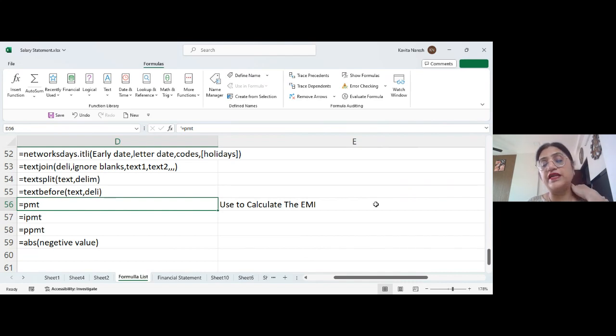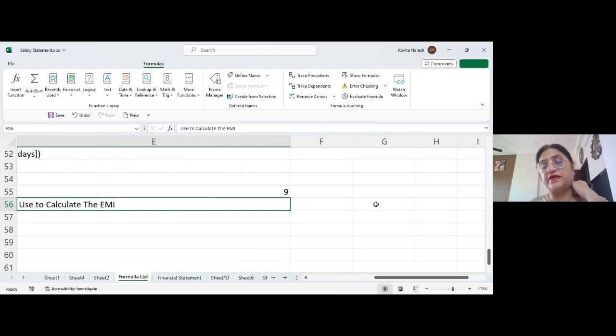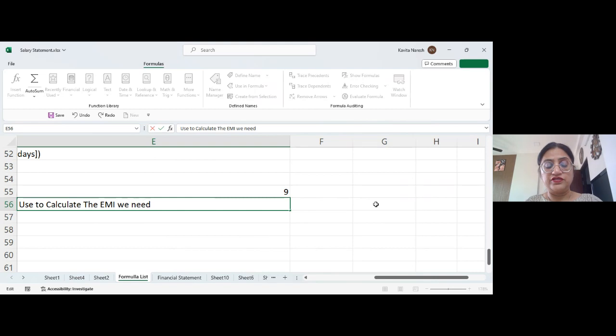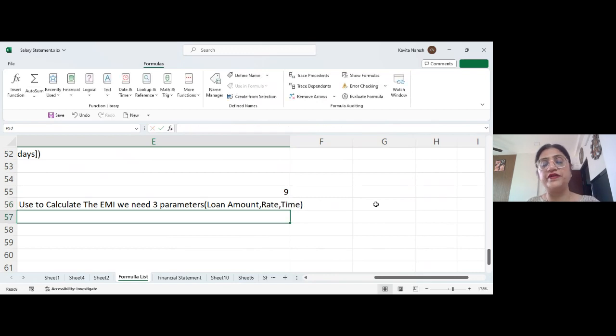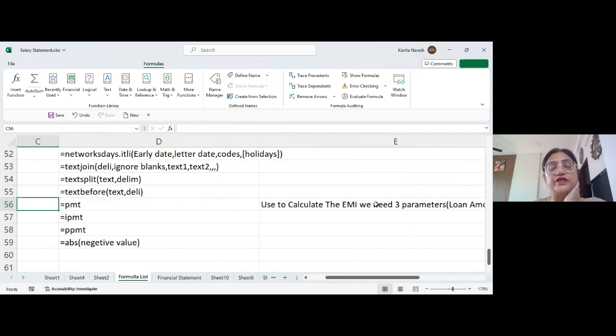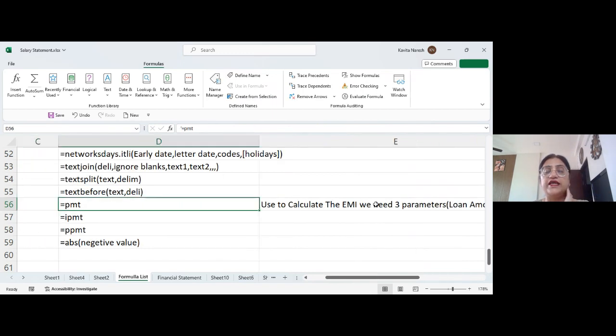And to calculate the EMI, we need three compulsory parameters: loan amount, whether it is given or taken; then rate, what will be the rate you are charging or your financer is charging; and then time, that is the number of installments you will repay or you will get repaid from someone.